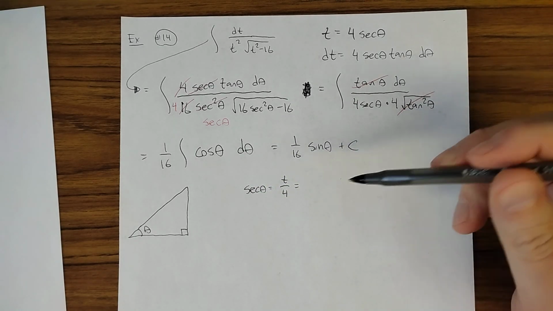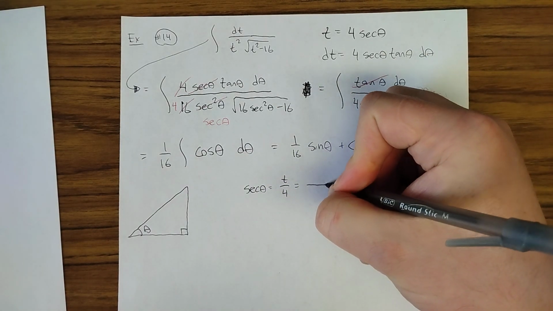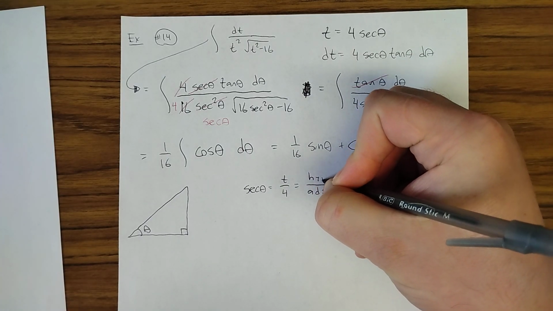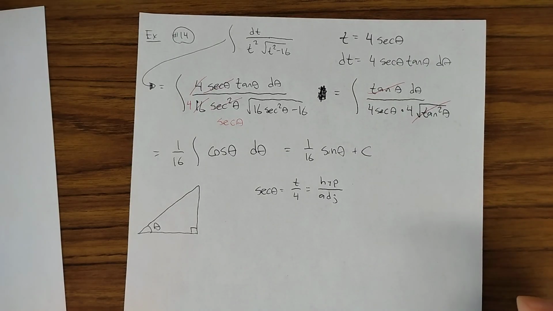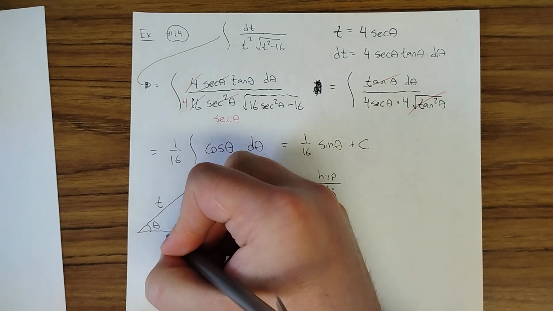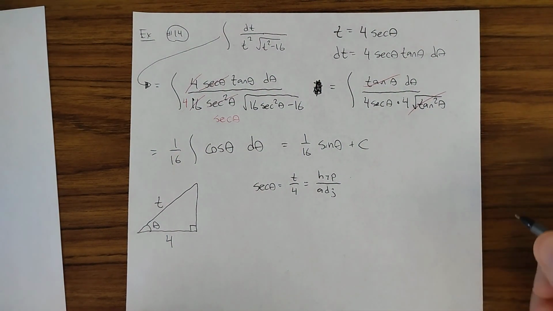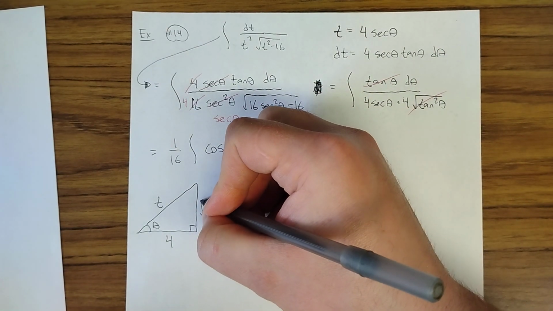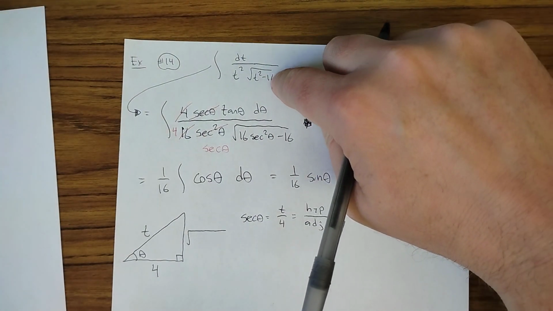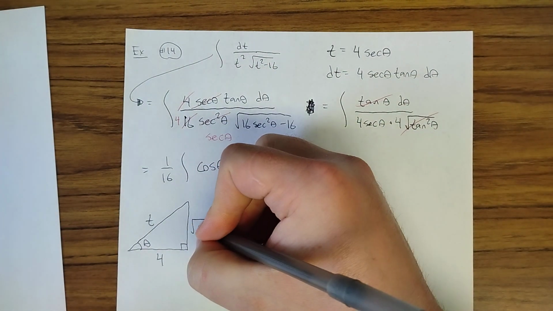And yeah, secant isn't really part of SOHCAHTOA, except it's the reciprocal of cosine. Cosine is adjacent over hypotenuse, so secant would be the reciprocal of that. In other words, hypotenuse over adjacent. So t goes here, 4 goes here, and guess what goes here? This squared minus this squared. Same thing as that.